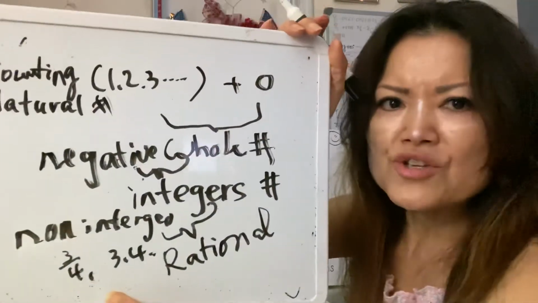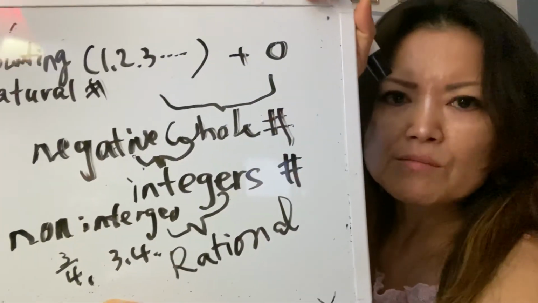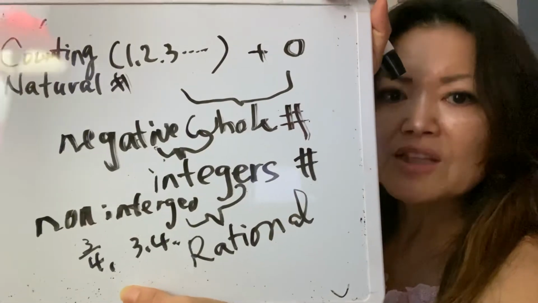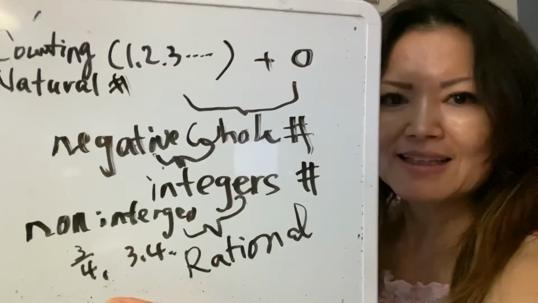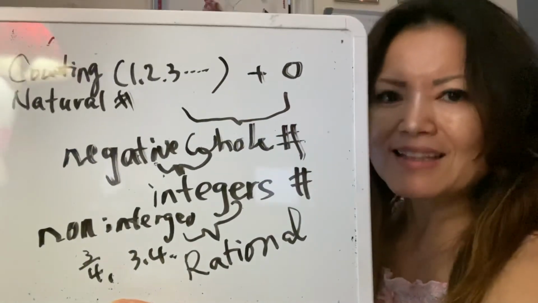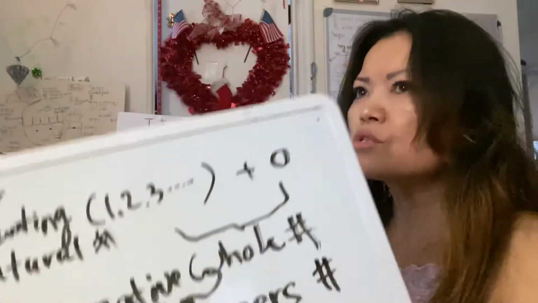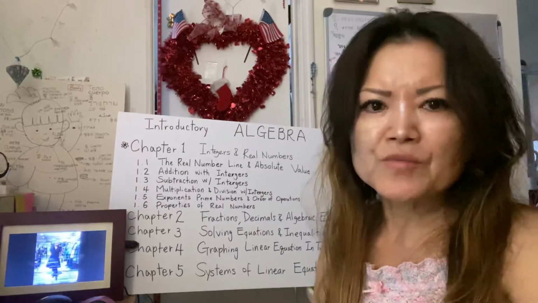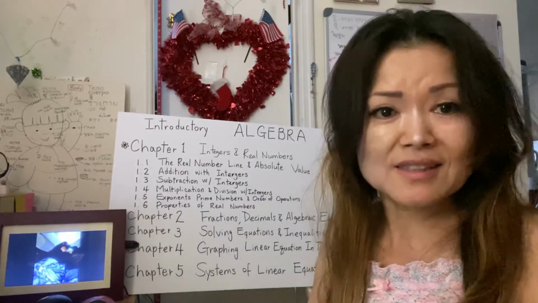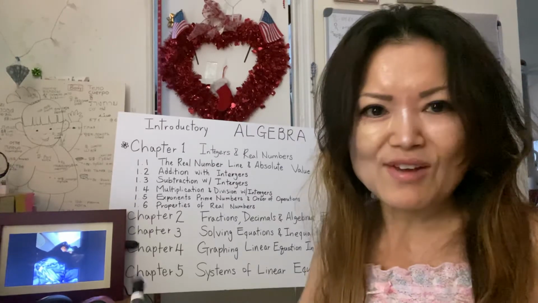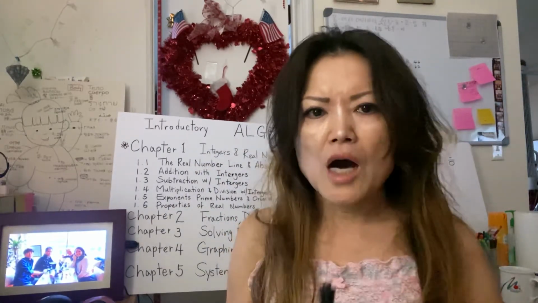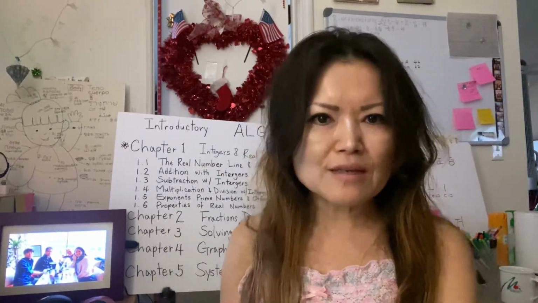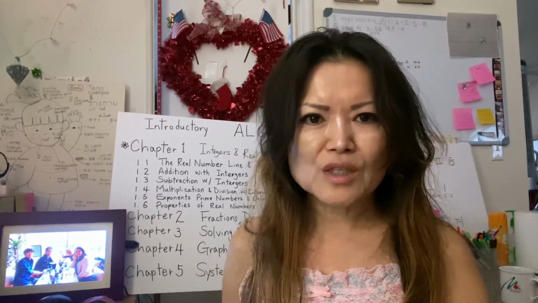Okay, so a rational number's decimal can be terminating. Terminating means it finishes, like 0.3, 0.4. Also, a repeating decimal, like 0.3333333. And even with two digits, if we have a pattern, like 1.717171, that's a rational number too.